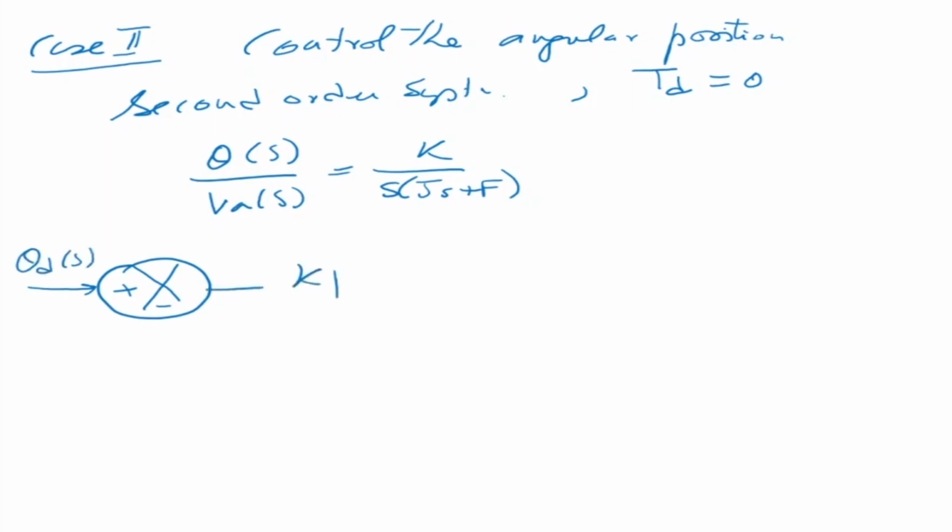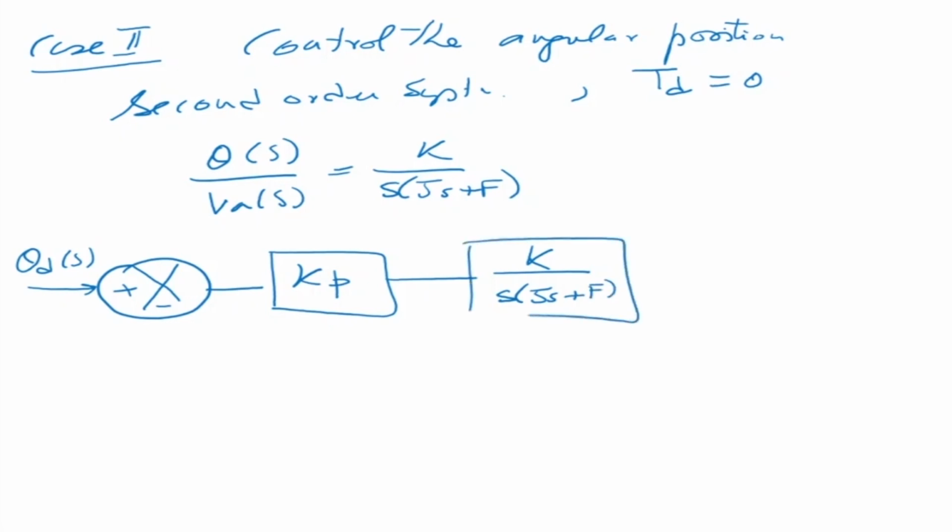Then it is still a P controller, followed by K divided by S into (JS plus F). This is theta(s), and my feedback is unity feedback here.